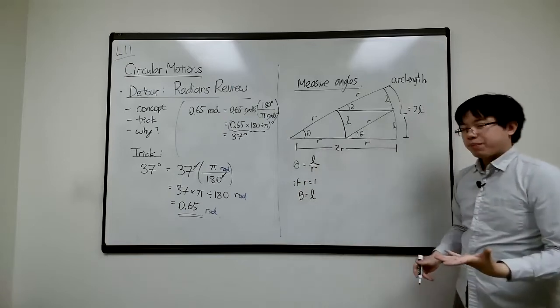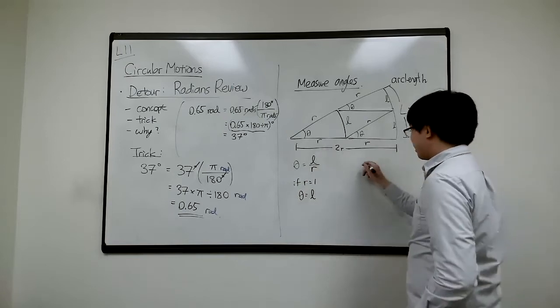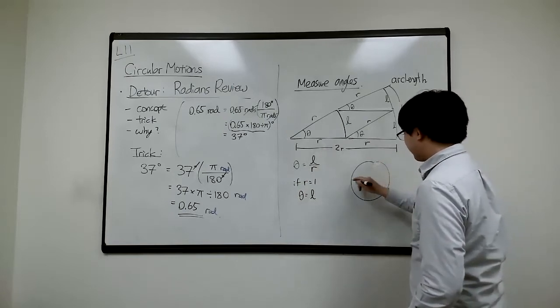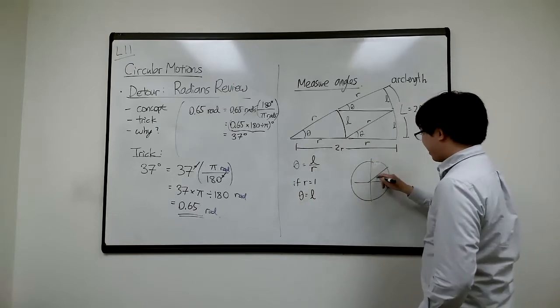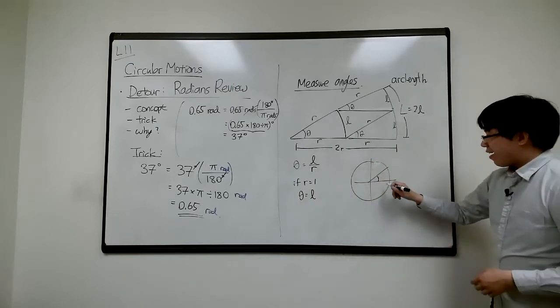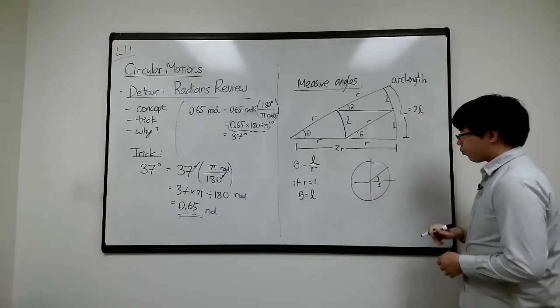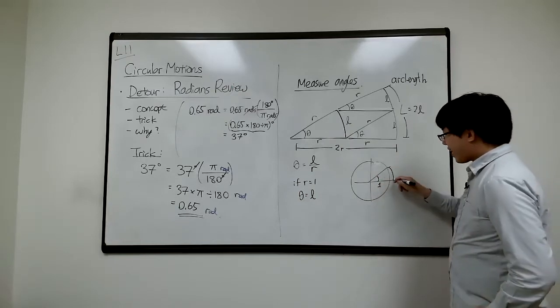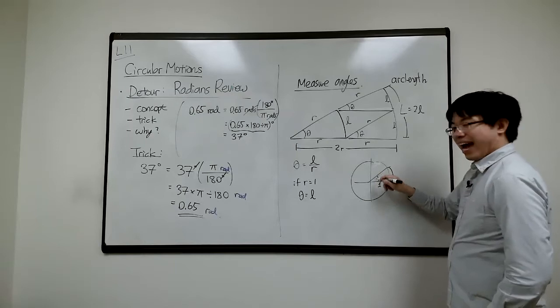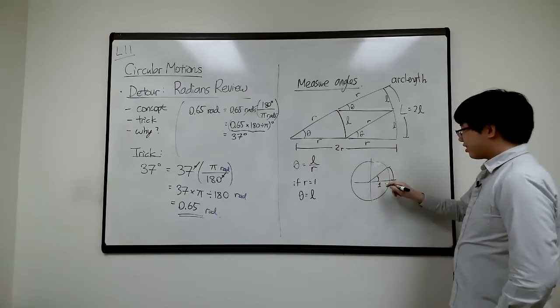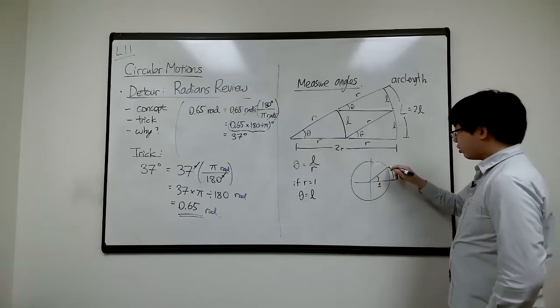If some of you recognize, that's the unit circle, right? If I pick a unit circle, i.e. a circle with radius 1 unit, then I'm in great hands. Whatever that length is, that's the angle immediately. So if you want to know this angle, just measure this length.